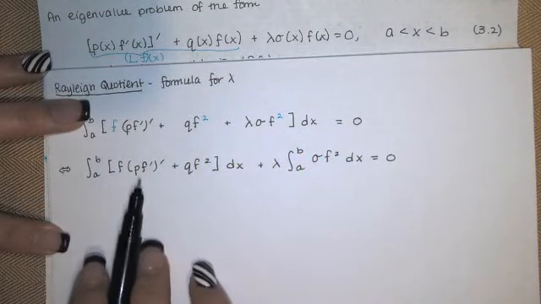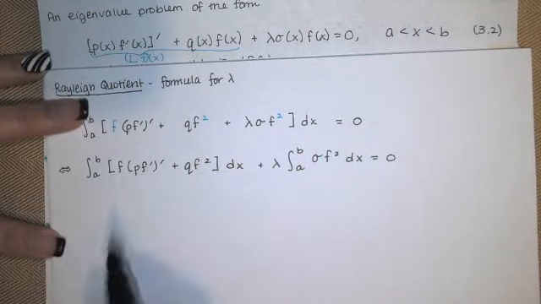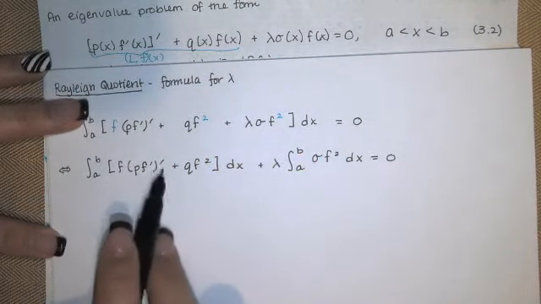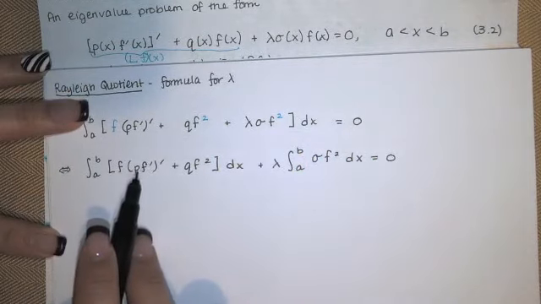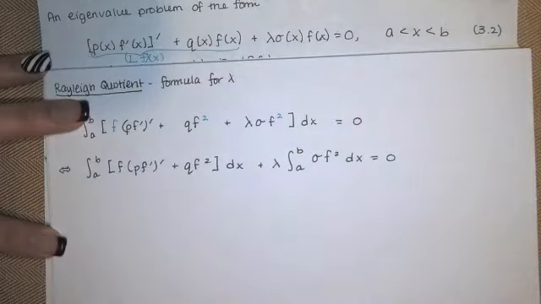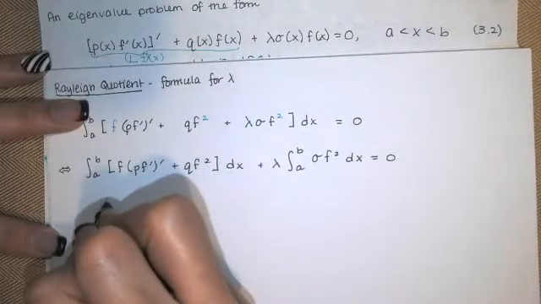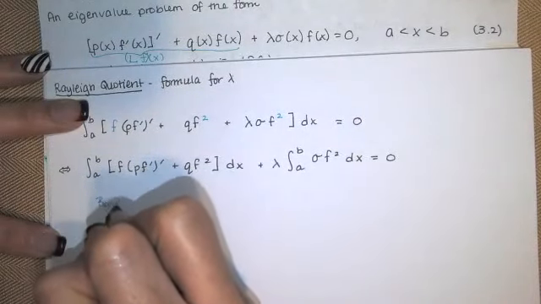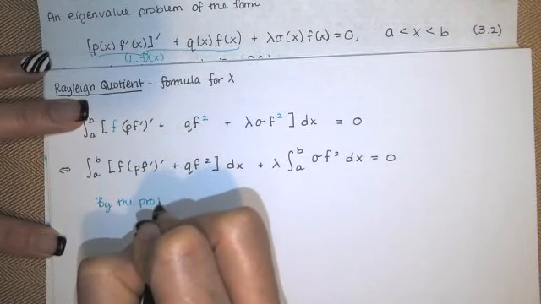And this expression can be written in a different way. This expression is related to the derivative of p times f prime. So let's look at that, just by the product rule.